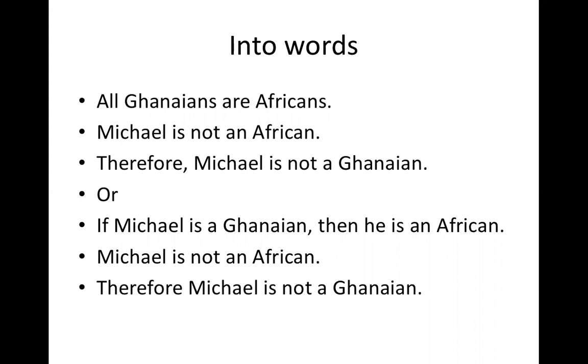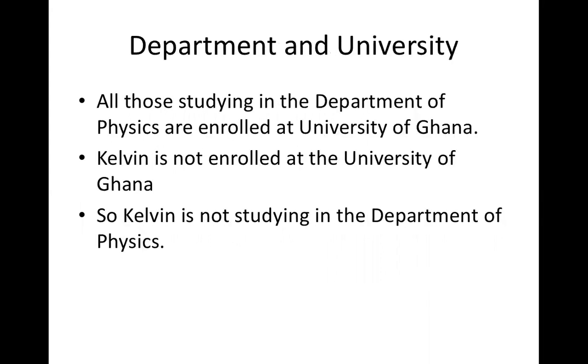Okay, so let's check this one. We've also seen the argument about the university. All those studying in the Department of Physics are enrolled at the University of Ghana. Kevin is not enrolled at the University of Ghana, so Kevin is not studying in the Department of Physics.